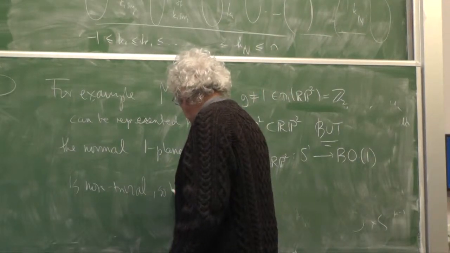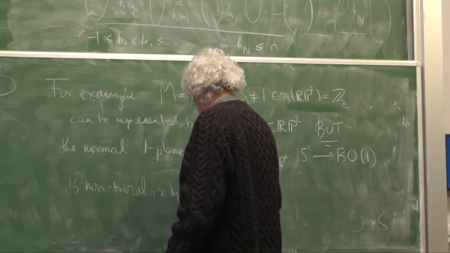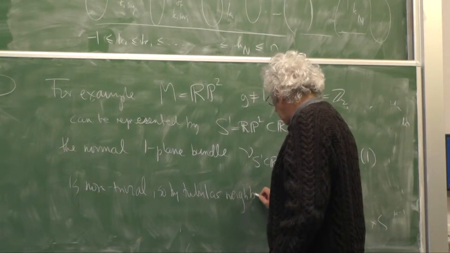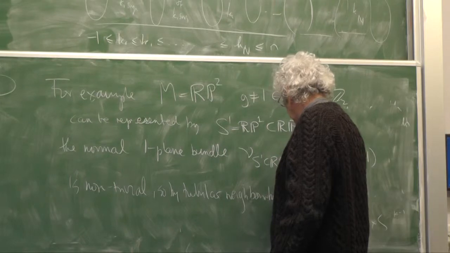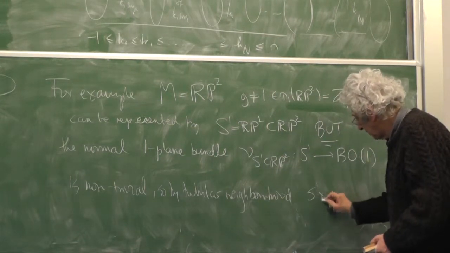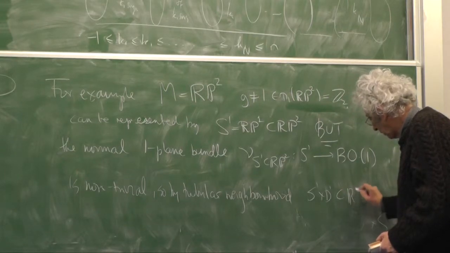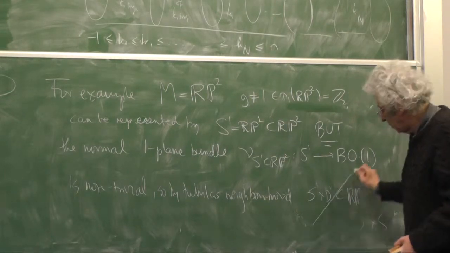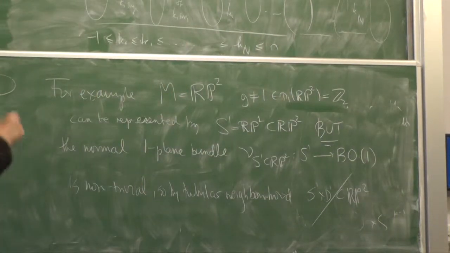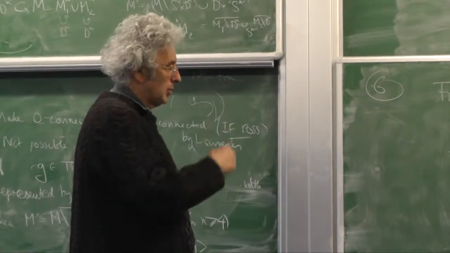So by the tubular neighborhood here, one is stymied. You just cannot kill that fundamental group, which is just as well, for good reasons. It has to be twisted, it has to be the Möbius band. You can find a Möbius band around the circle, the middle circle, and that's fine, but it's not good enough.